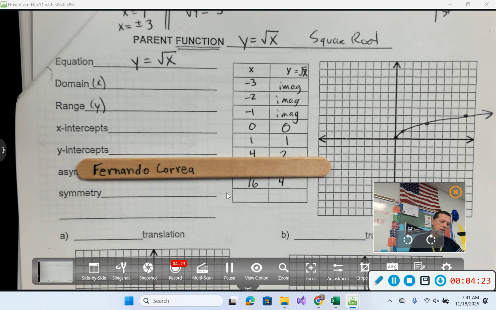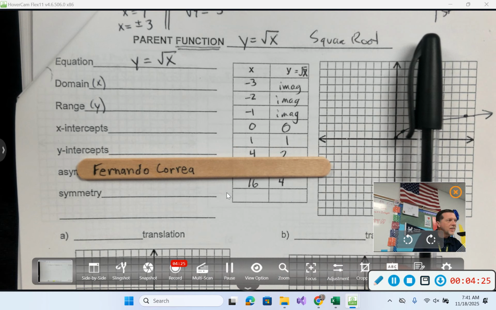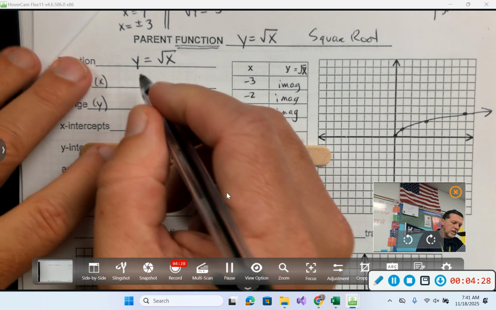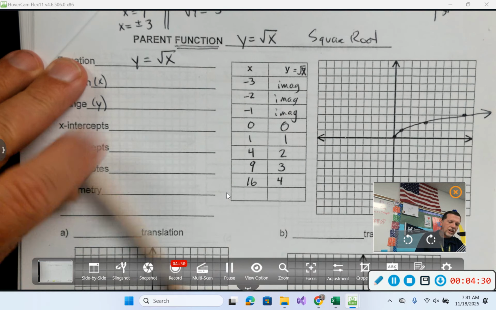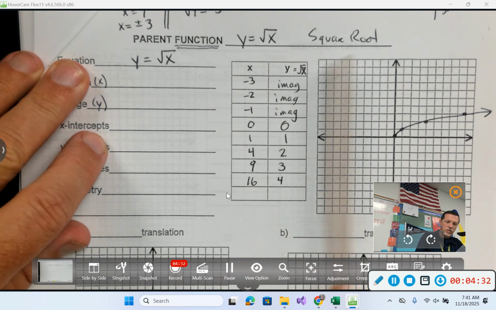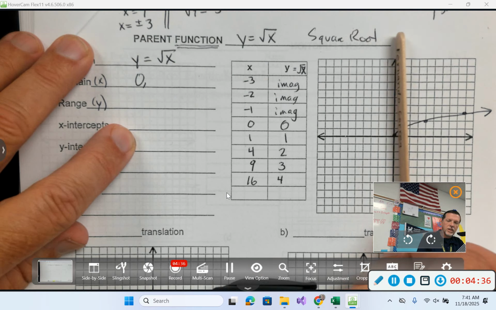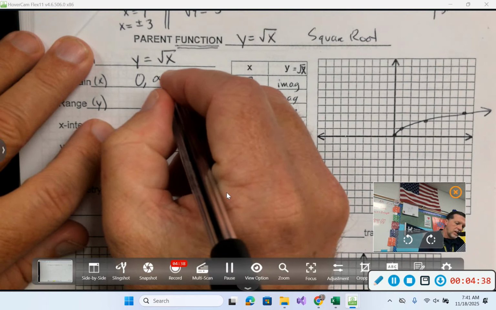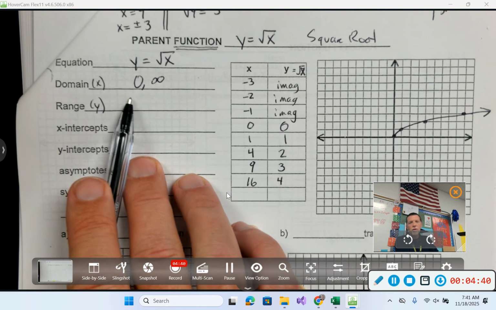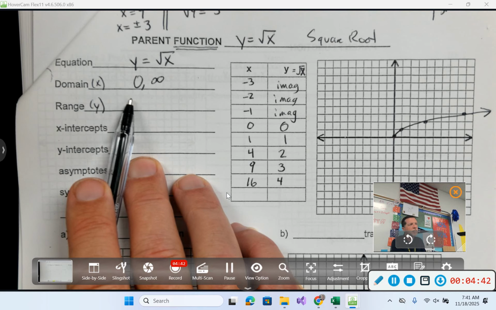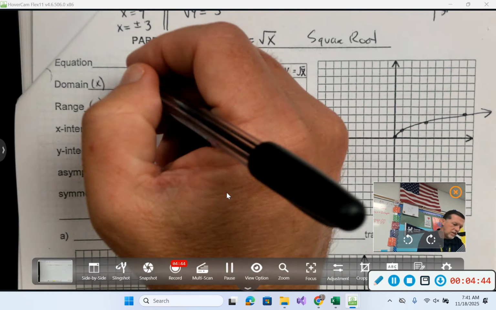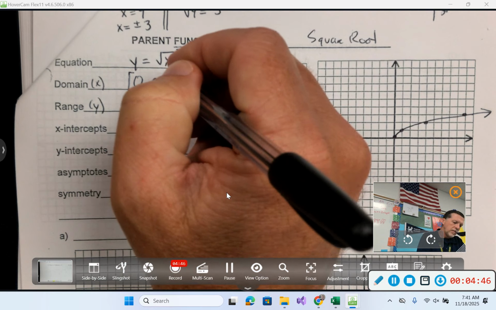As I move left to right, 0, 0. So what x coordinate does it start at? 0. And how far to the right does it go? And then do I want to include 0? Yeah, right here. Yep. And parentheses. Good.